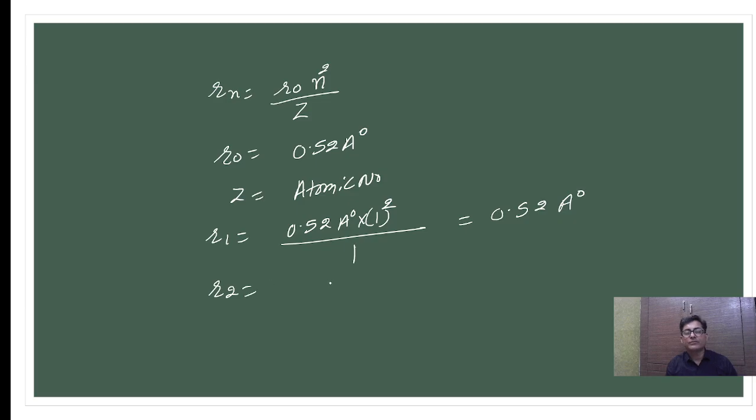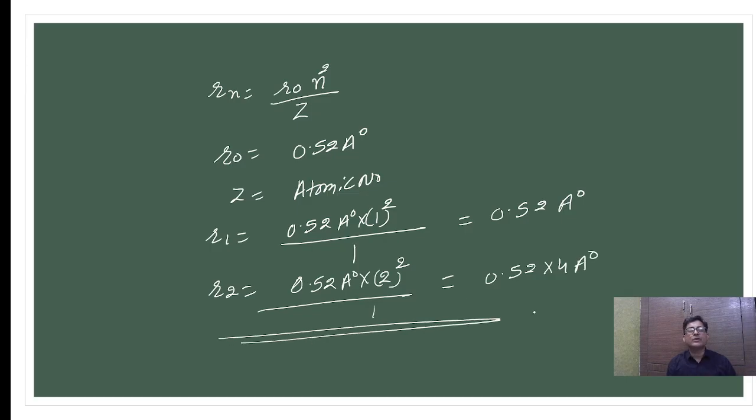Now the distance from the nucleus of the second shell is 0.52 angstrom into the square of 2 divided by 1, which is equal to 0.52 into 4 angstrom. So we can apply these calculations for different energy levels present in an atom as proposed by Bohr.